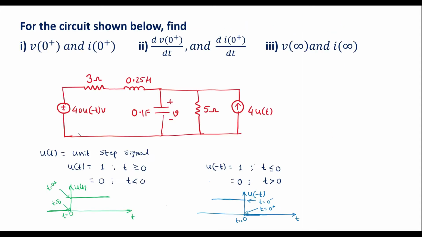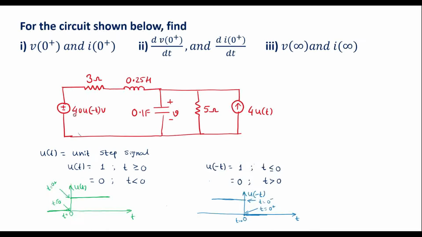We know that at steady state capacitor acts like an open circuit and inductor acts like a short circuit. Similarly, here the magnitude of the voltage source is 40 u of minus t, that is the value of u of minus t is 1 for t less than or equal to 0.